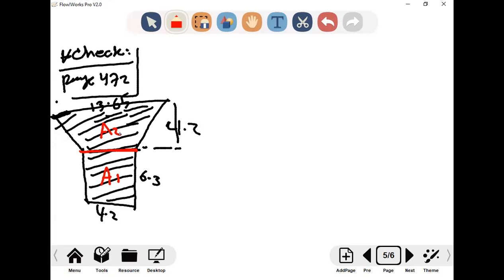So let's find the area. In the rectangle, I need length and width, and both exist. In the trapezoid, I need base 1, the same as this, 4.2 and 4.2, and base 2, and the height. So everything is good. Now let's find the whole area as a first step. A equals A rectangle, or A1, plus A2.